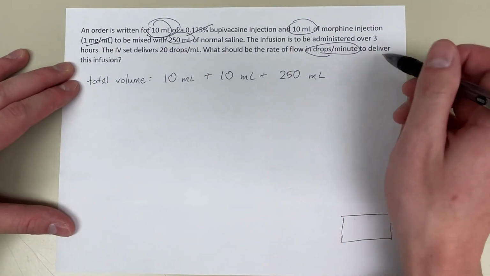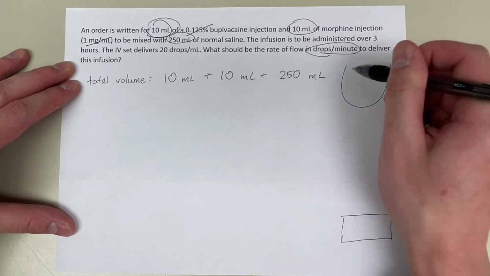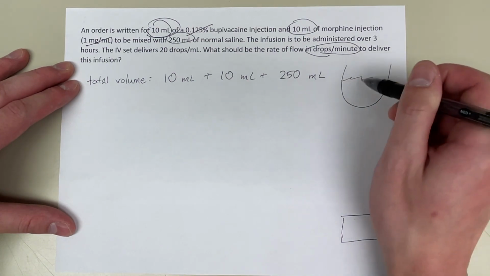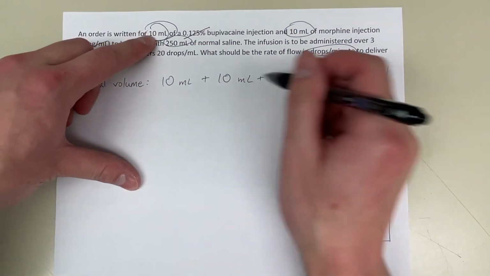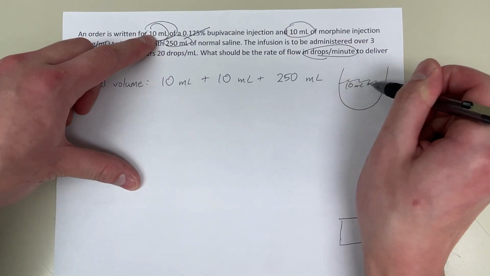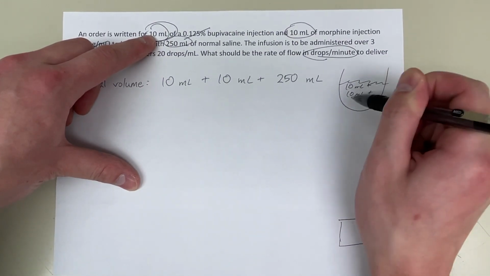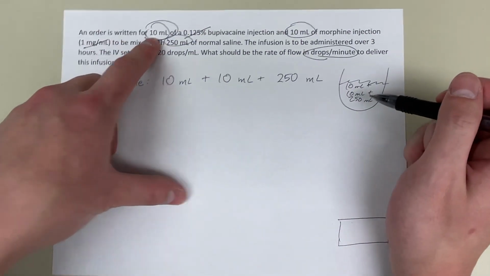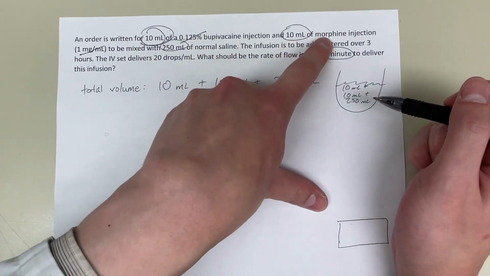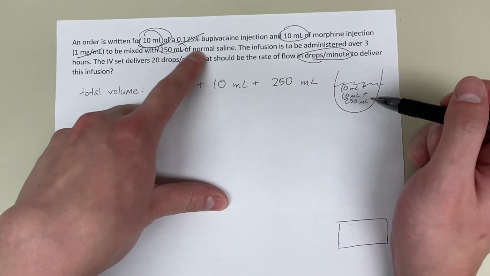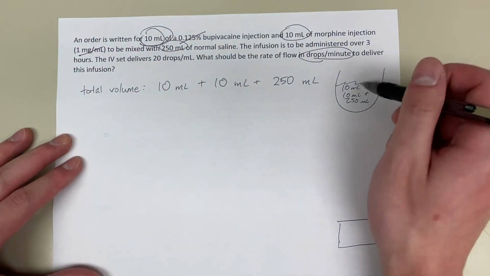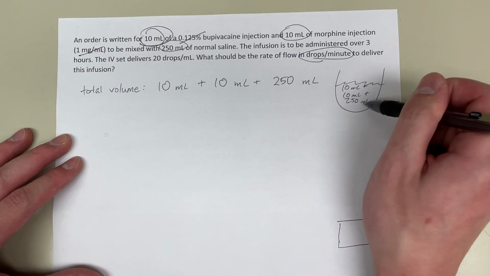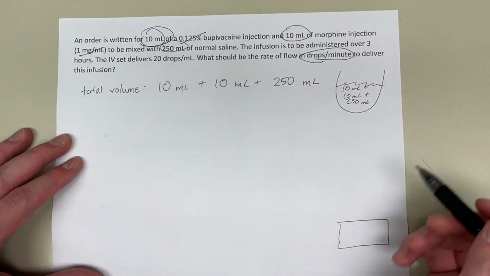Right, because that's what's all in our IV infusion bag. This 10 milliliters of this drug plus 10 milliliters of this drug was added to a 250 bag. So that's why the total volume in this bag is 270 milliliters, the addition of all three of these.